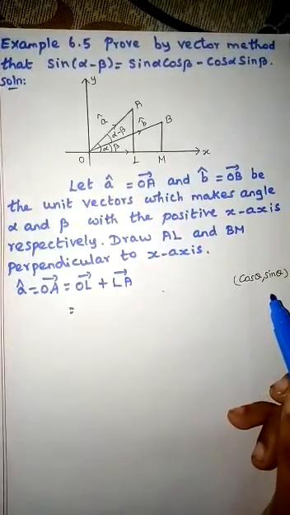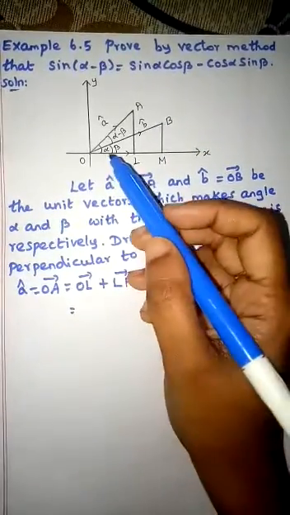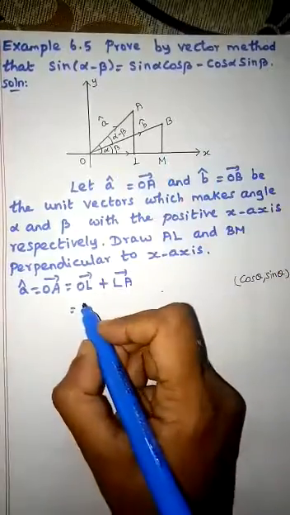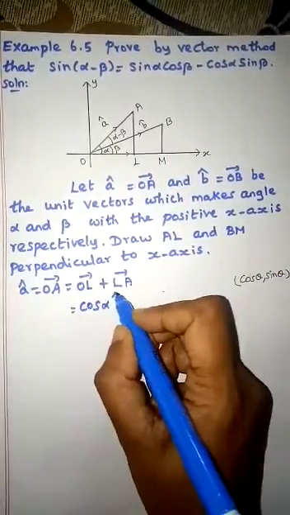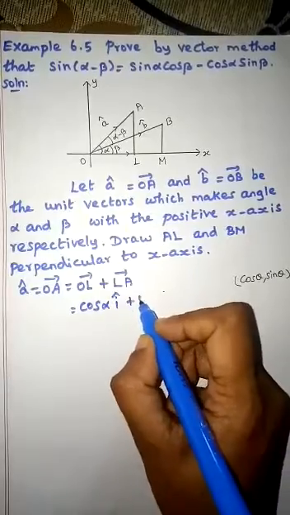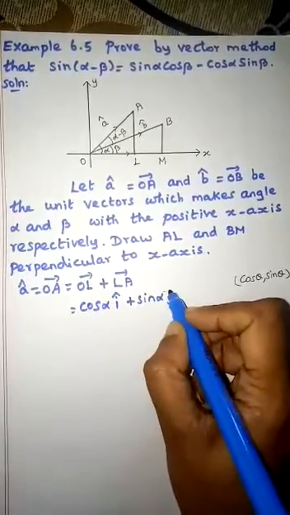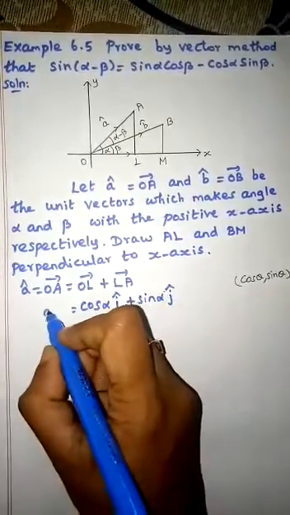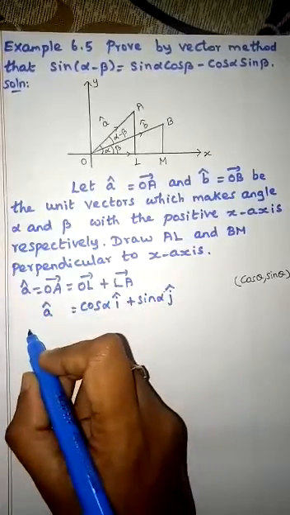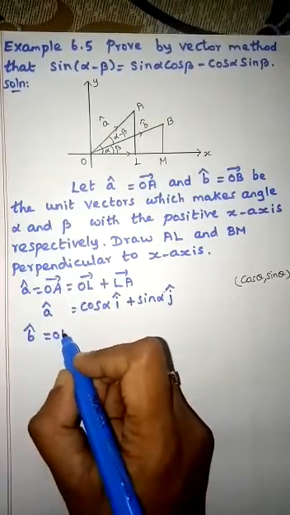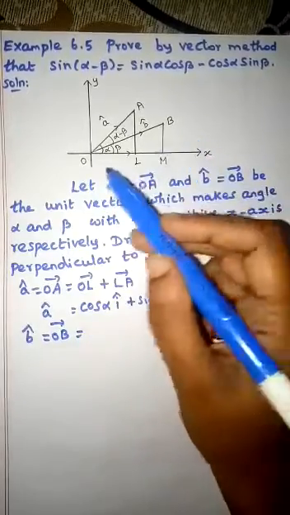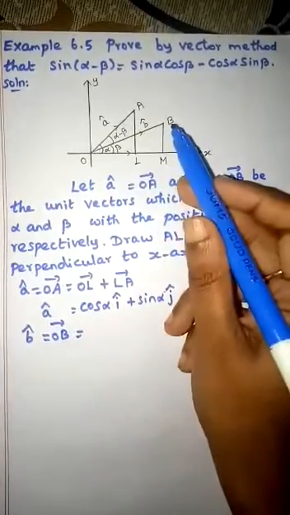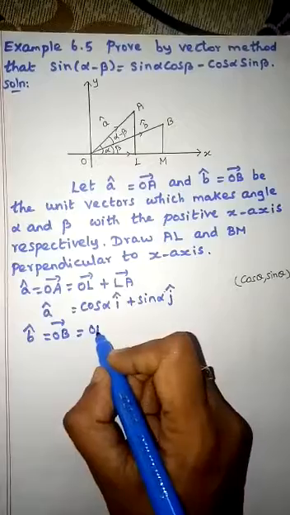So it is equal to, I said any point on the unit circle can be written as cos theta comma sin theta, isn't it? So here the angle is alpha. So cos alpha into I cap, along the x-axis, plus sin alpha into j cap. So this is our A cap. Now same way you can write B cap. B cap is equal to OB vector, OM vector plus MB vector.